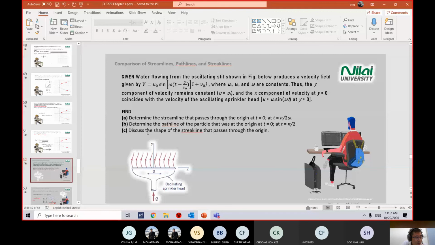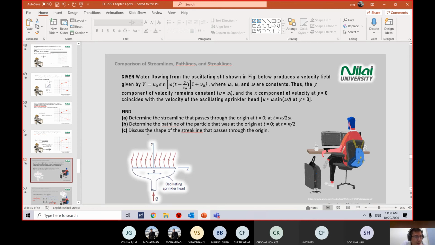If the question asks you to draw a streamline, then you start with dy/dx, get the u, v, w, and then integrate. And then you're given some parameters there. If you compare the screen and your tutorial question, the hard copy, the U0, the 0 is actually a subscript 0.